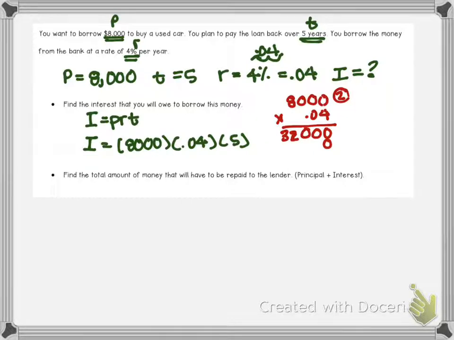And then 0 times 0 is 0, 0 times 8 is 0. So then we add. So we get I equals 32,000. And then we still have to multiply that times 5.